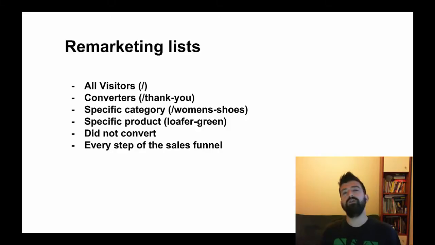So from the process I showed you on how to create your remarketing list, we need to create lists for all visitors, which is the easiest one, a remarketing list for the converters, so people who visited the thank you page, for a specific category, women's shoes, for a specific product, loafer green, for people that did not convert, and we're going to see how we are going to do that, and a remarketing list for every step of the funnel.